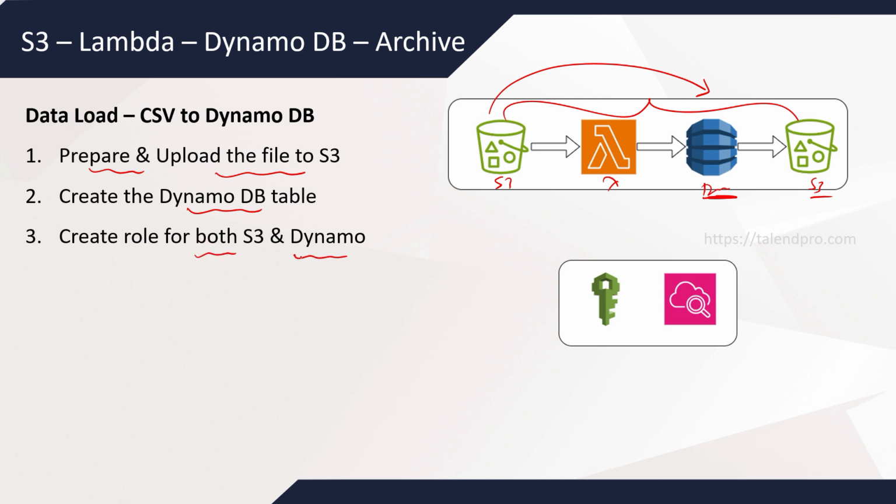Once that is done, you will have to create the role for both S3 and DynamoDB. In this case, the Lambda function is reading and also writing data into S3, so you will need read and write on S3. At the same time, Lambda is writing data into DynamoDB, so you will need at least insert type of privileges on DynamoDB.